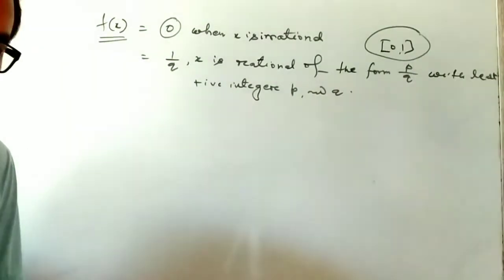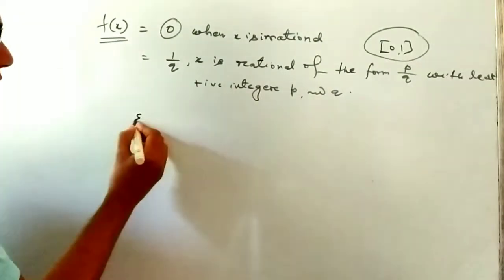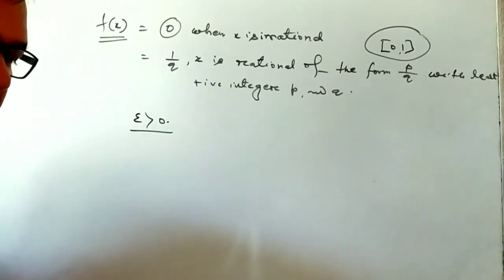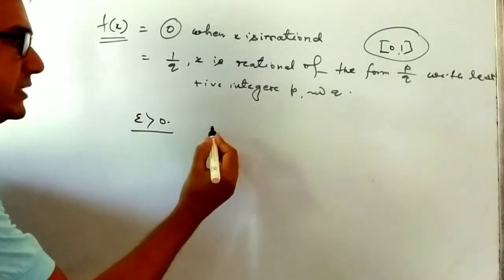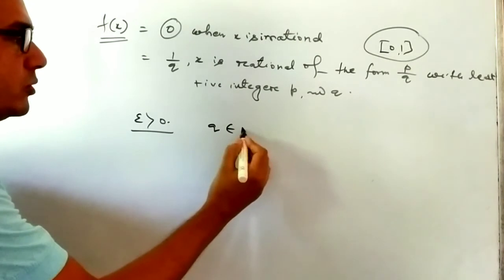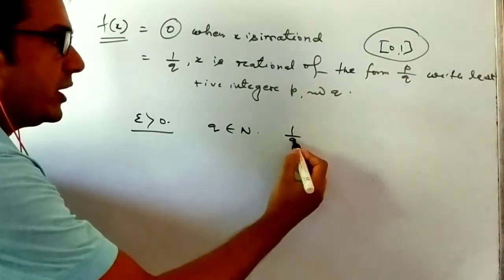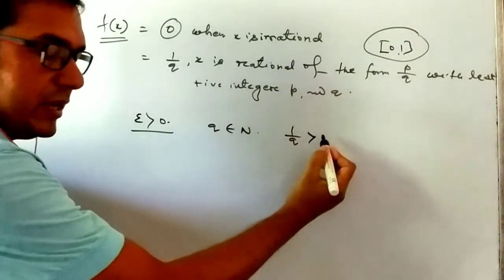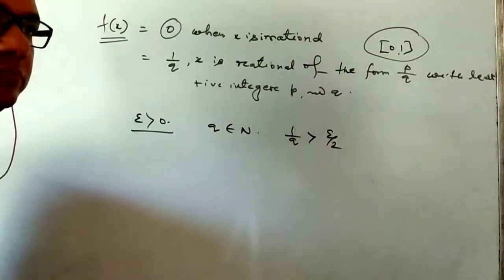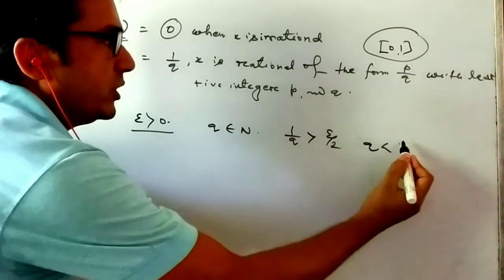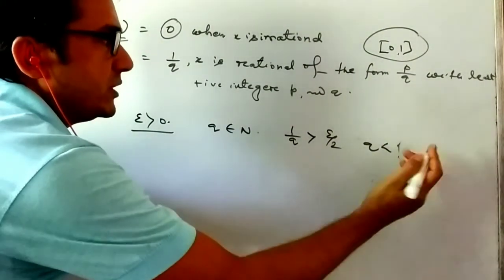We have, for any epsilon greater than 0 given, there exists a large q belonging to capital N such that 1 by q is greater than epsilon by 2, that is, q is less than 2 by epsilon.